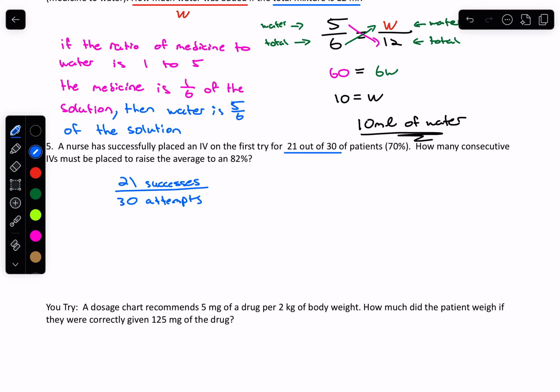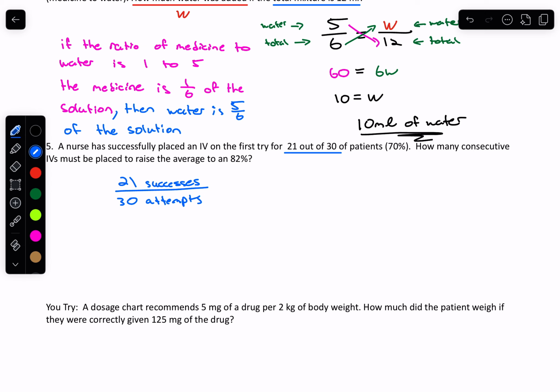Okay, 21 out of 30 is a 70% success. So now we want to figure out how to raise this to be an average of 82%. So right now we're at 21 over 30, and it's asking us if we have consecutive successful IV placements, how many do we have to do to get to 82%?